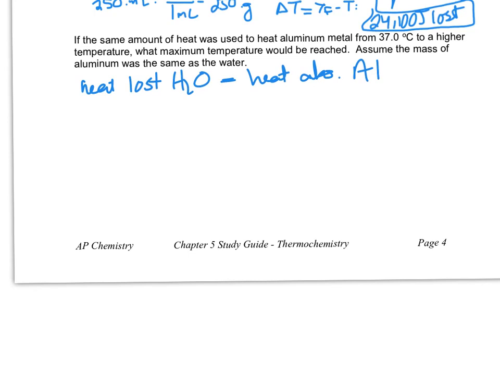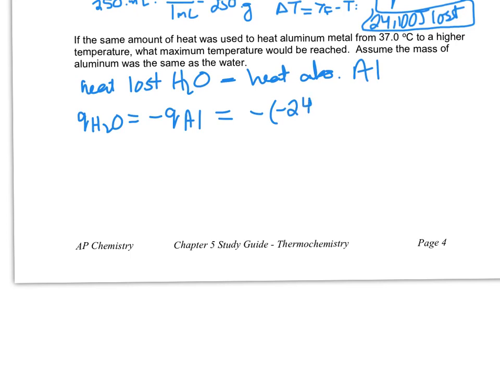So that means that Q of the water is equal to negative Q of the aluminum. Now the negative there tells you that it's the opposite sign, which means if the water is releasing, then the aluminum is absorbing. Now if that bothers you, you don't have to write that down.